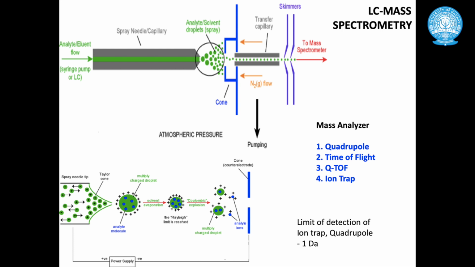Once it enters, the capillary takes up the eluent entering inside it, and through capillary action it is transported from the entry end to the exit end, which is inside the instrument.